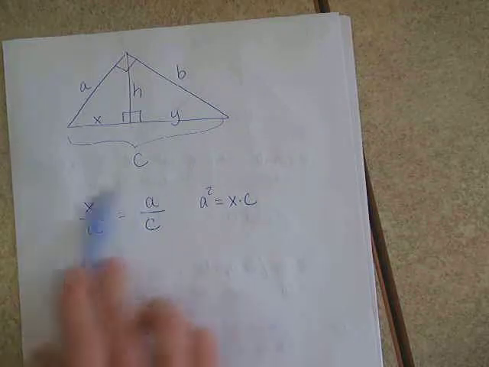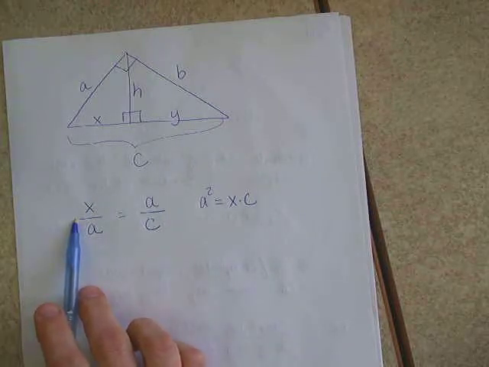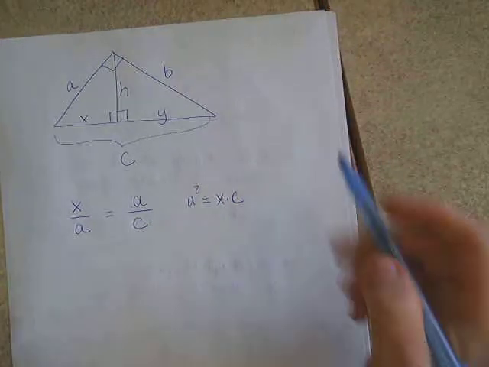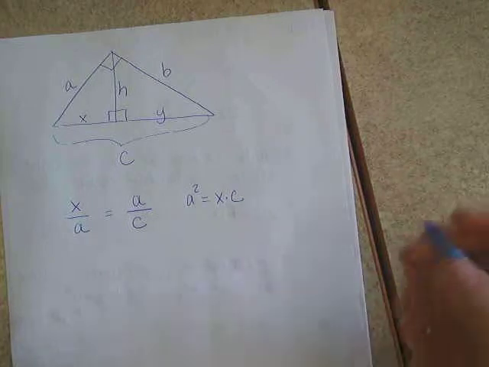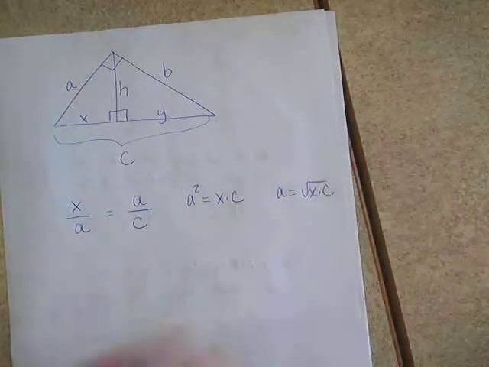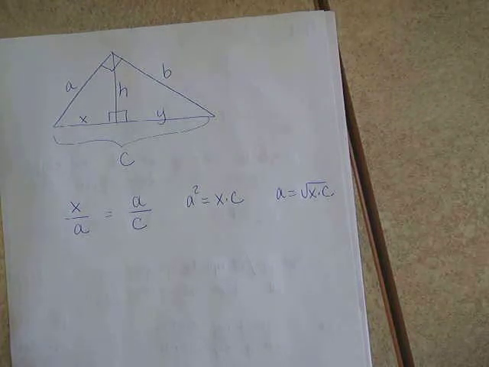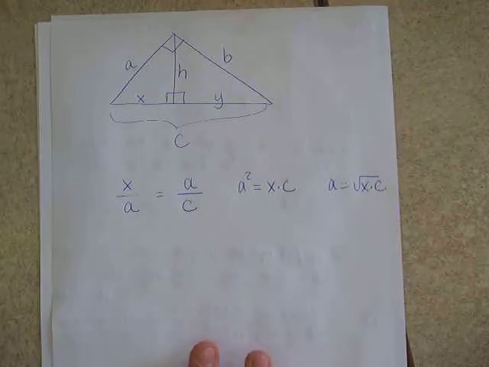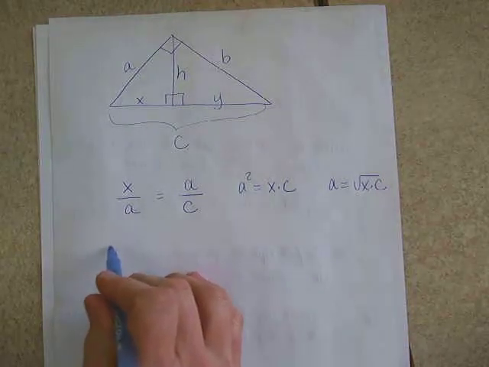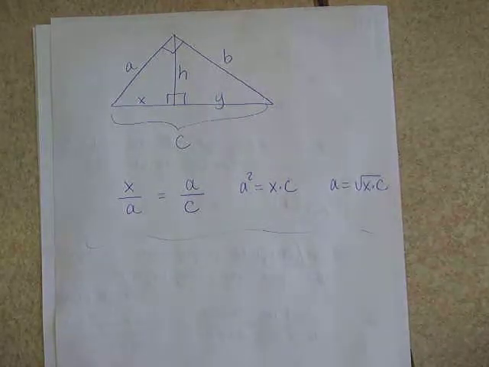And if we cross multiply, we get A squared equals X times C, which should appear to be a geometric mean. A is the geometric mean of X and C. And if you wanted to solve for A, taking the square roots of both sides, A would be the square root of X times C.